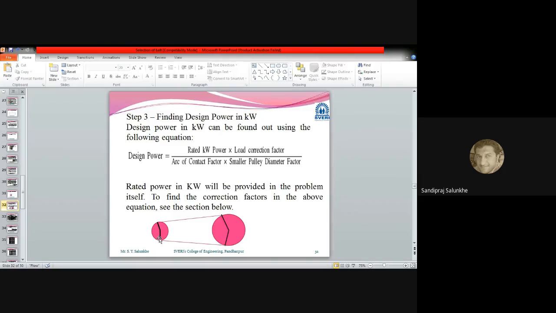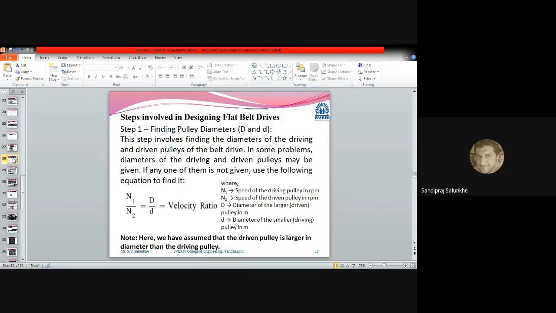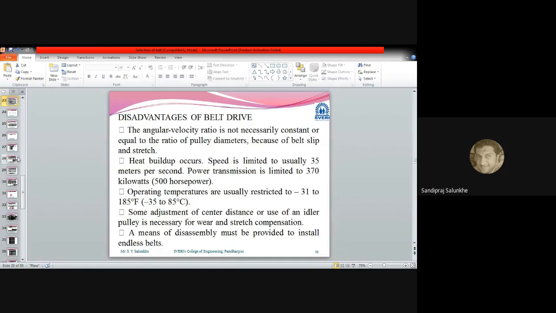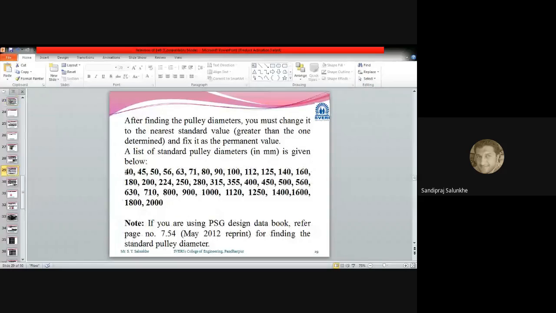Likewise, for the smaller pulley diameter factor, the minimum diameter of pulley which is available is 40 millimeter, that we have seen in the standard values of the pulley diameter. See here, the 40 millimeter diameter pulley is available. So we cannot go below that.